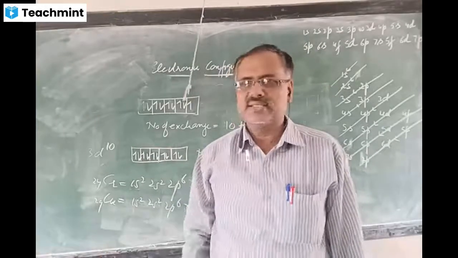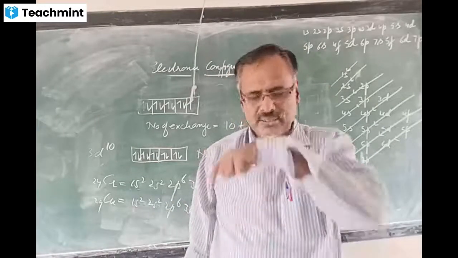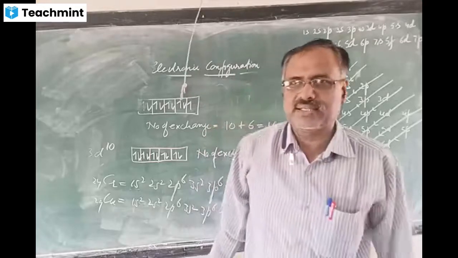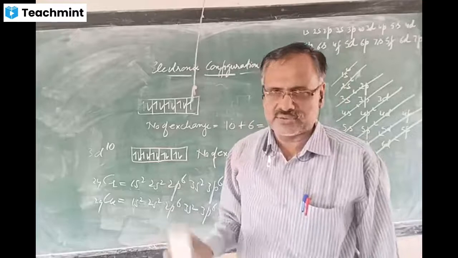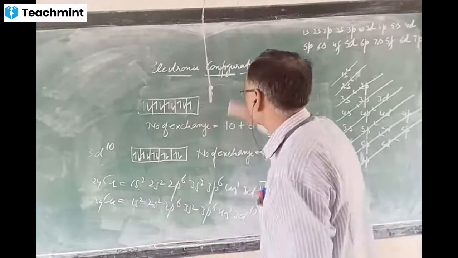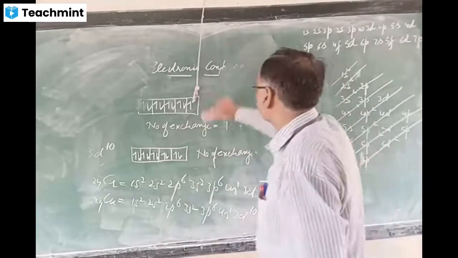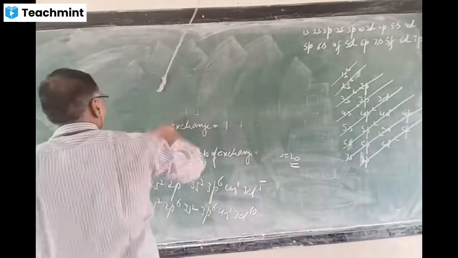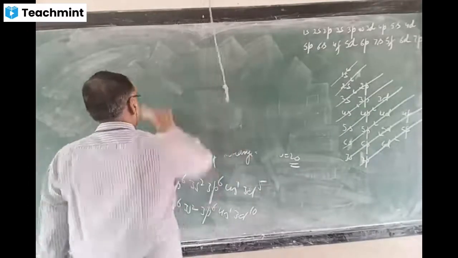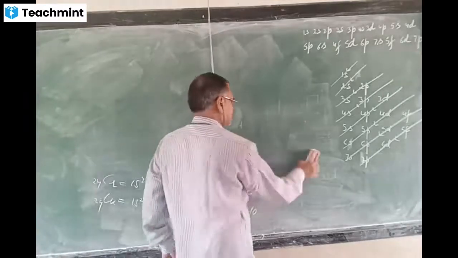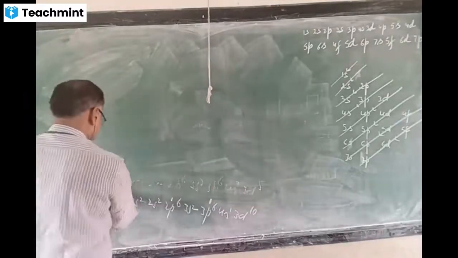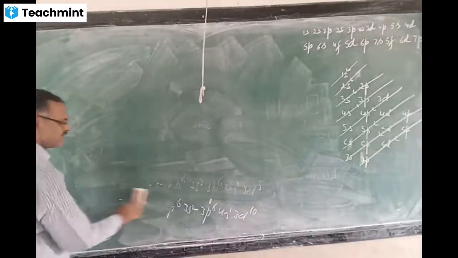It is given in the NCERT book also, whatever books you are studying, it is given. But I have explained it, I think you understood also. Usually in the examination we ask the electronic configuration, but you have to know the reason.